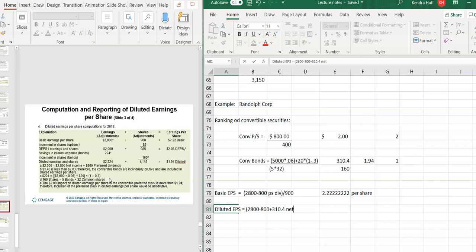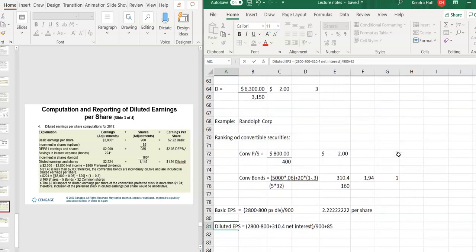So that's my net interest. I'm going to add that back. And then I'm going to divide by 900 plus the 160. Oh, I forgot about the options. 900 plus the 85 that they did earlier.